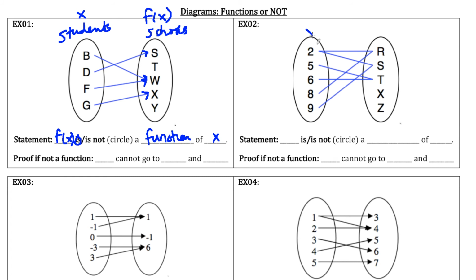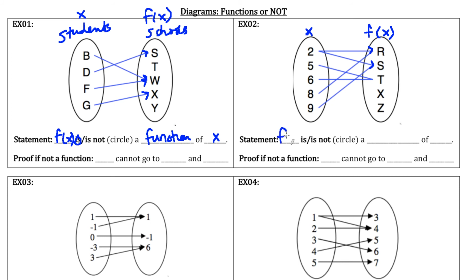Let's do that again. I want to put x, f of x. Okay, so this student goes to this school. This student, same student goes to this school. Oh, it's that 2 again. That's just coincidence, but we don't even have to check because 5 only goes to T, 6 only goes to T, 8 goes to R, 9 goes to S, but this person 2 goes to these 2 schools.